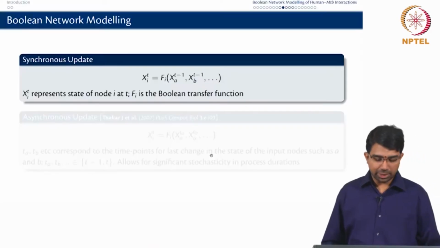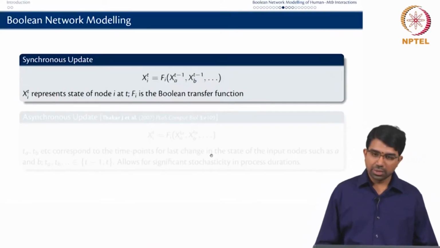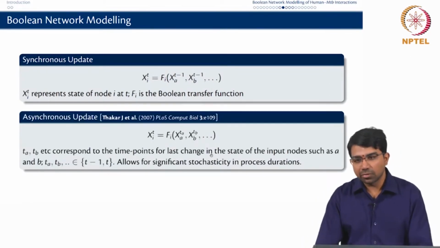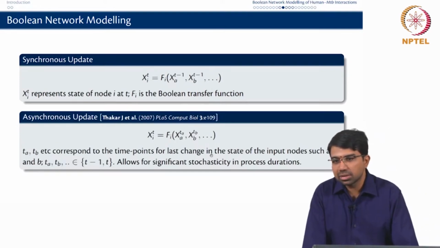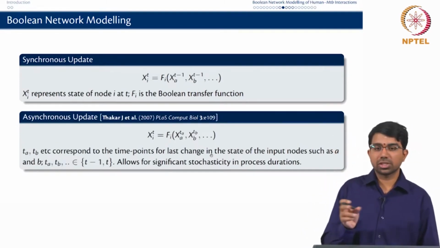How do you now simulate? As we studied in the previous class, we can either go in for a synchronous update or an asynchronous update. When does one go in for a synchronous update versus asynchronous? Asynchronous gives you a lot more stochasticity in process duration, right. You can have processes that are relatively more fast.